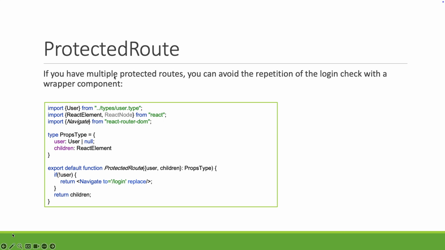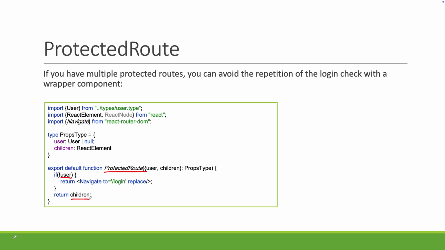If we have multiple protected routes, we can avoid repetition of the login check with a wrapper component. Here, we have a protected route, which is a wrapper. We define it, and inside we need the user, and the children.